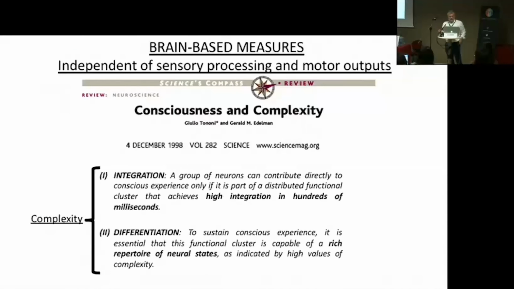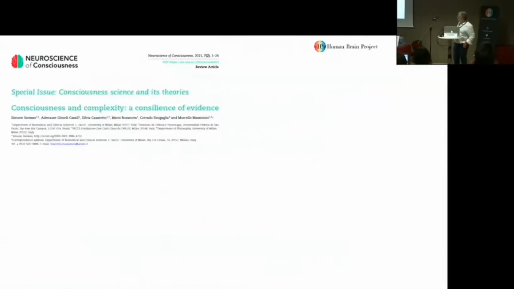What these two authors meant by complexity is the optimal balance between integration, the ability of different cortical areas to interact, and differentiation. These cortical areas display some functional specialization.